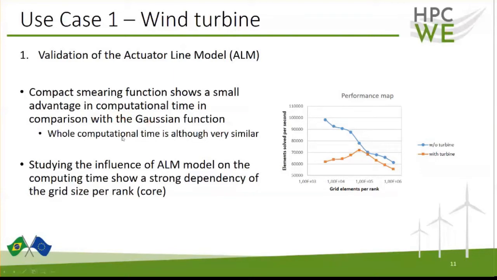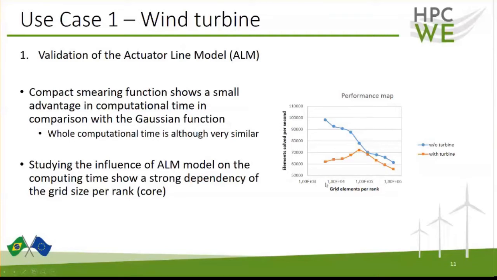To understand a bit more about this computational time, I'm studying the influence of the actuator line model on the computational time of one simulation, and I'm seeing that it strongly depends on the grid size per rank or per core. That leads to our graph here at the right-hand side.